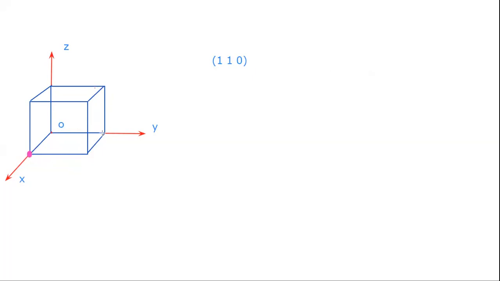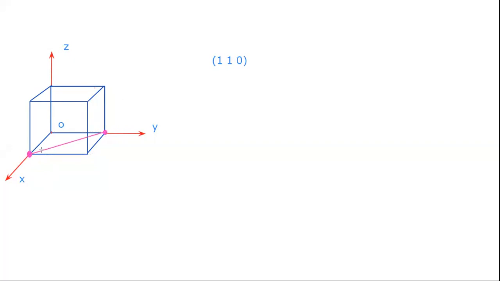Then Y direction is again 1 point, but Z direction is 0. So you are getting these 2 points. Then join these 2 points with a line.